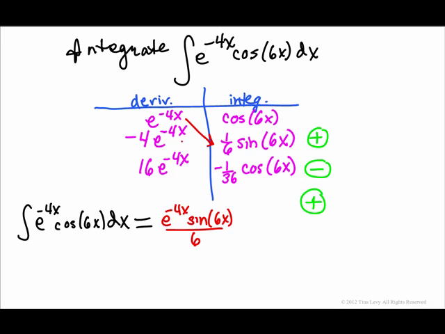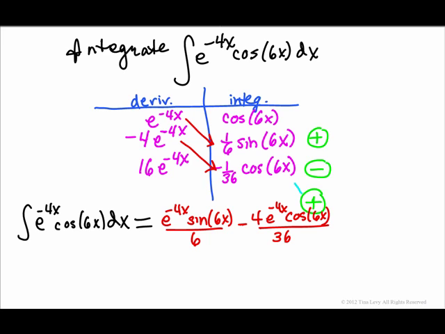So now I'm going to cross here, and I've got minus a minus a minus. So it's minus 4/36 e to the negative 4x cosine 6x. e to the negative 4x cosine 6x over 36.